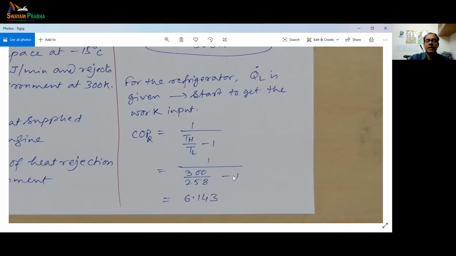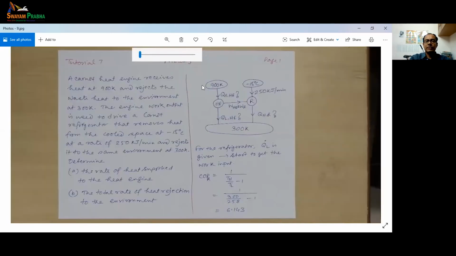So by doing this calculation, you will find the coefficient of performance for the Carnot refrigerator will be 6.143.